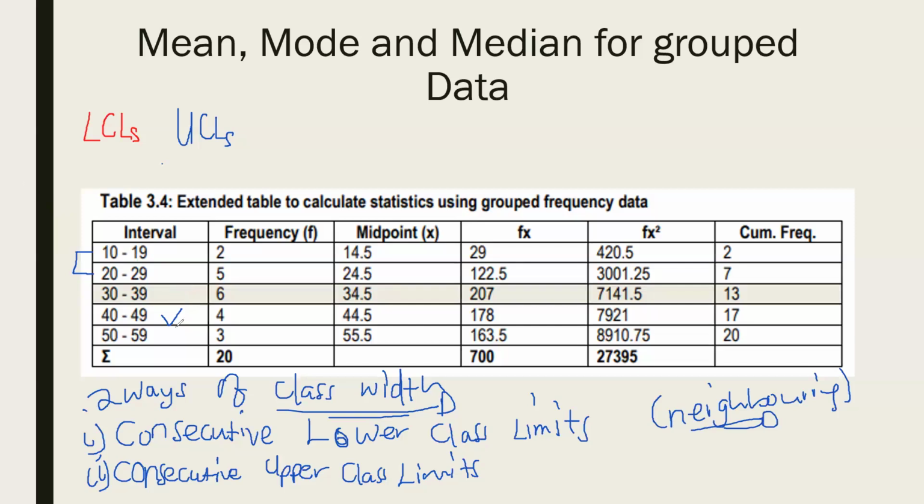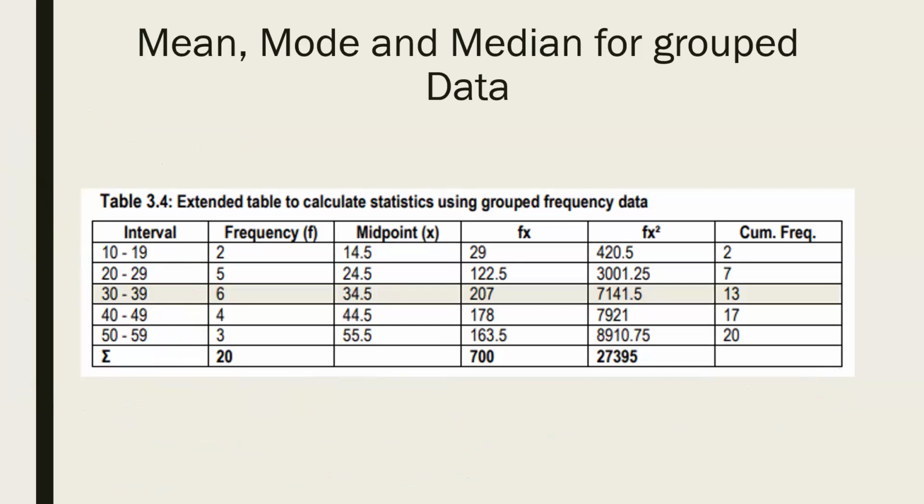This class and that class are neighboring. If someone says this class and this class are neighboring, that's false, because there are two classes that were skipped. When you are calculating class width, it is only applicable to classes that are neighboring.